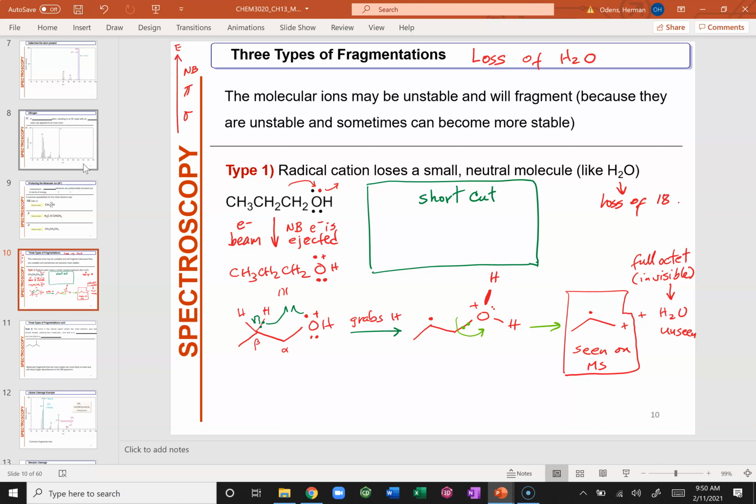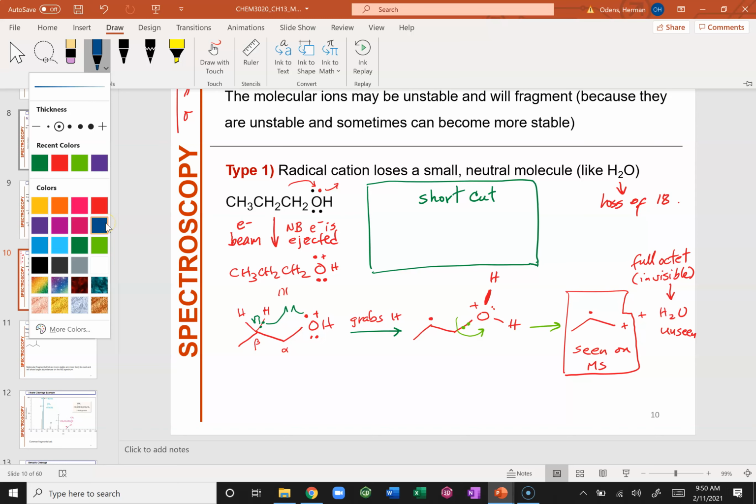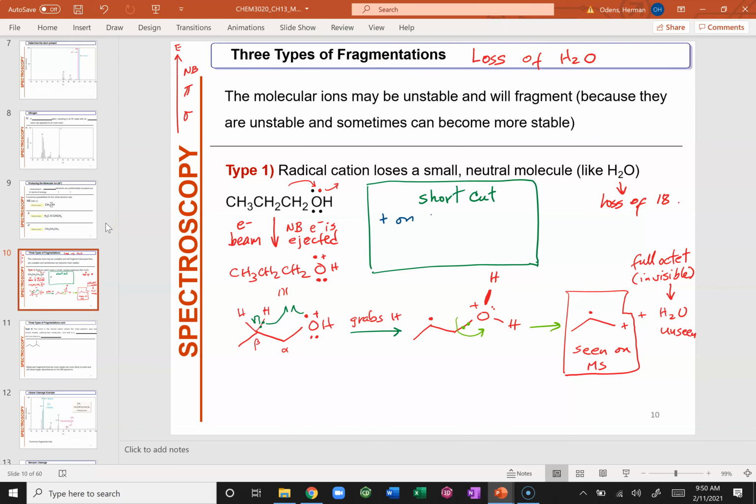All you gotta do is, I'll do this in blue, you're gonna put a plus on the carbon where the hydroxy group was, and you're gonna put a radical on the neighbor C. So this is the neighbor C, which is the beta carbon. That's the first type of fragmentation.